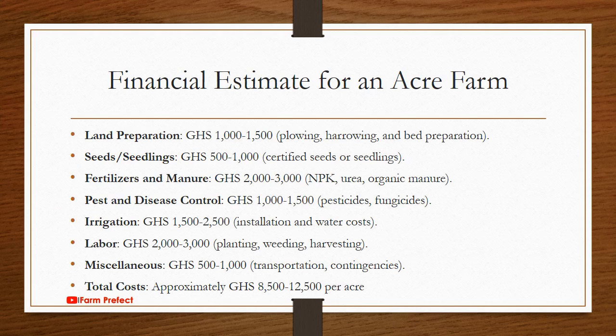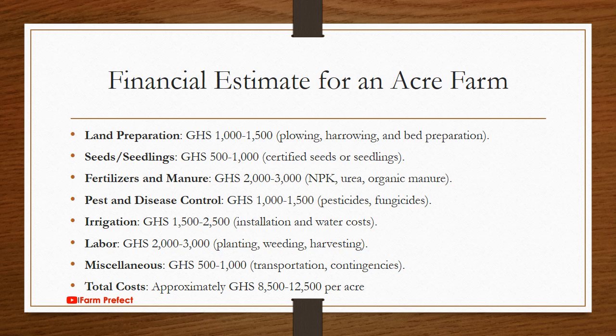Ultimately, we will be spending 8,500 to 12,500 per acre of cabbage. Now this does not include leasing of land.